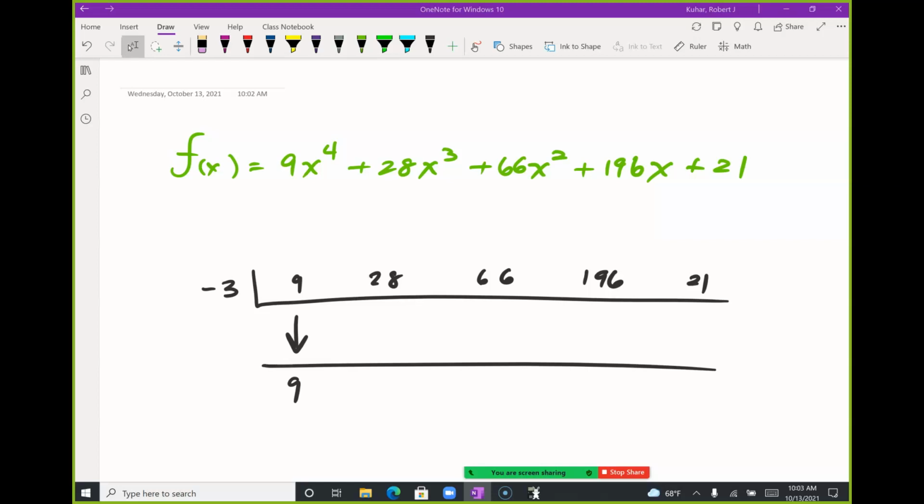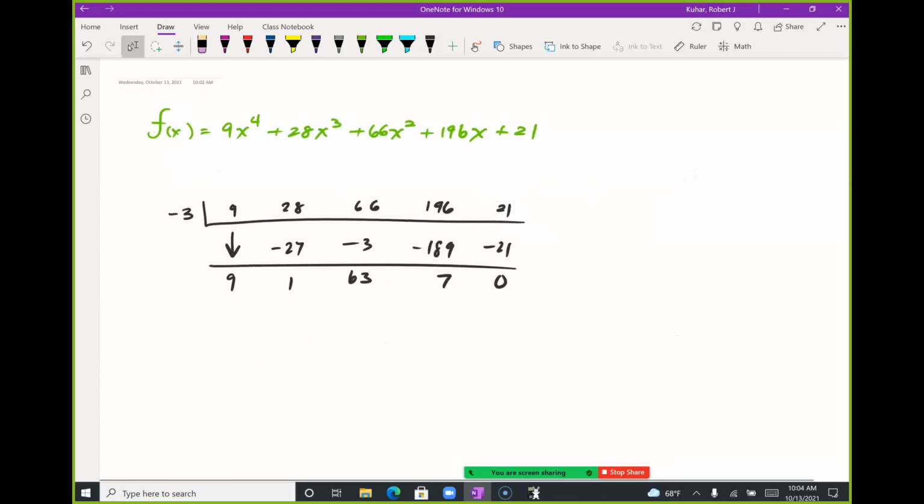Everybody's set to go. So let's see, negative 27, 1, negative 3, 63. Help me here. Negative 189. Yeah, and 7, negative 21. Nice. Cool. Sorry, Professor, quick question. Where did the negative 3 come from? Is that a factor?